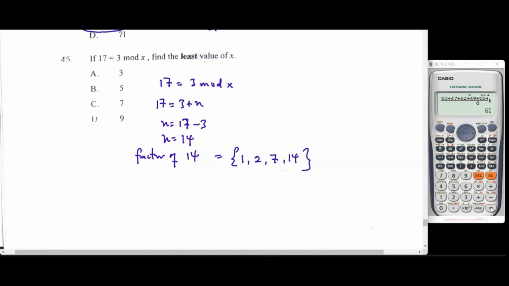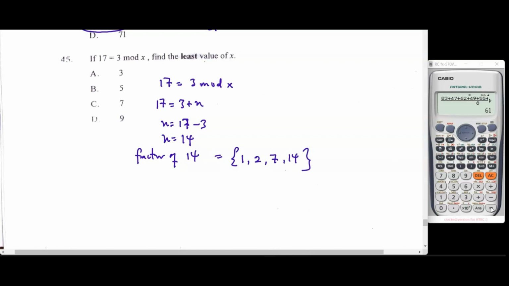So if it should happen that our mode is 1, now when we divide 17 by 1, the answer is still 17. What's the remainder? The remainder will actually be 0. So we are having 3 here. Therefore, this doesn't satisfy the equation here.